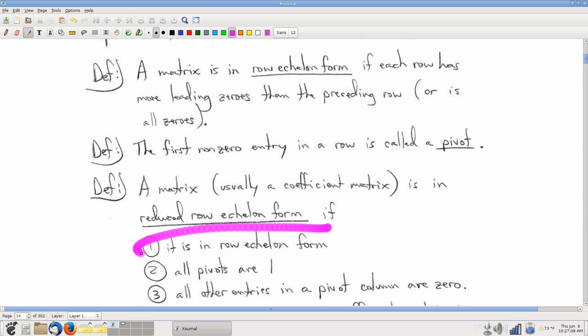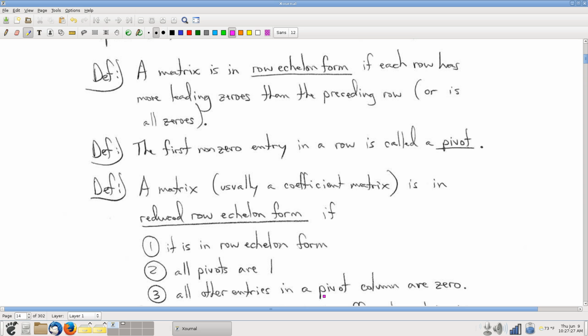There are three requirements. For one thing, it's got to be in row echelon form. So more leading zeros than the preceding row all the time. Secondly, the pivots have to be 1. So the first non-zero entry in each row has to be 1.